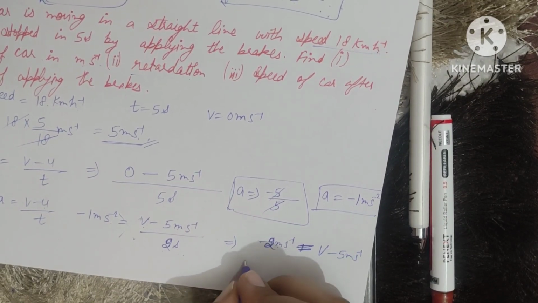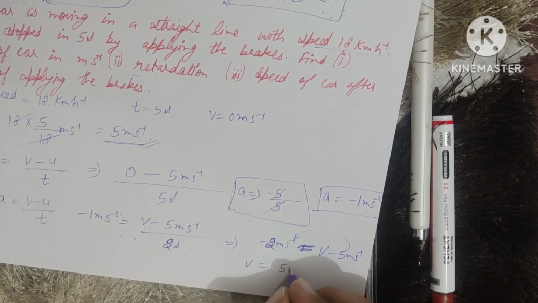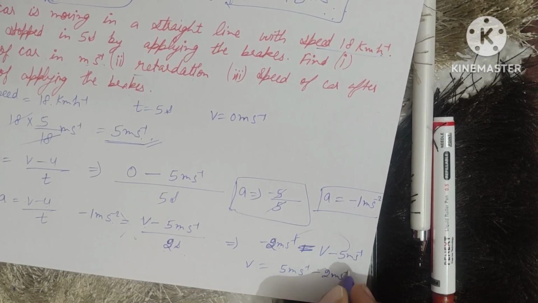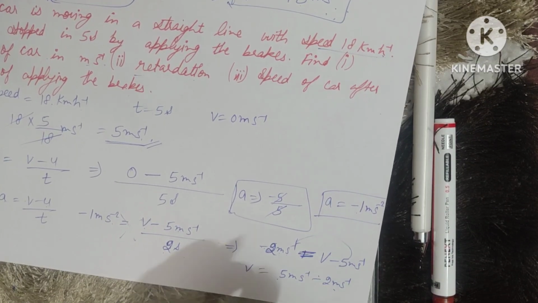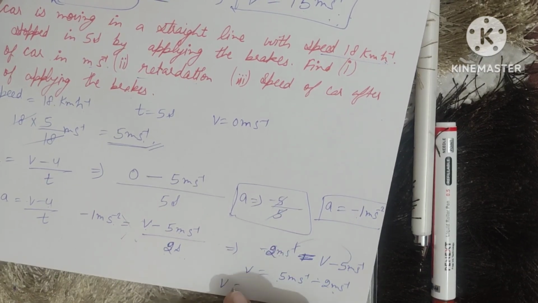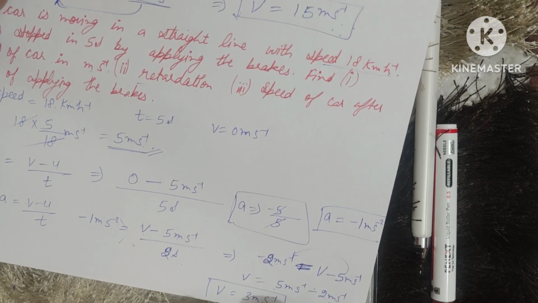So v is equal to 5 meters per second minus 2 meters per second, since the minus 5 shifts to the other side as a positive. So v is equal to 3 meters per second. This is your final answer.